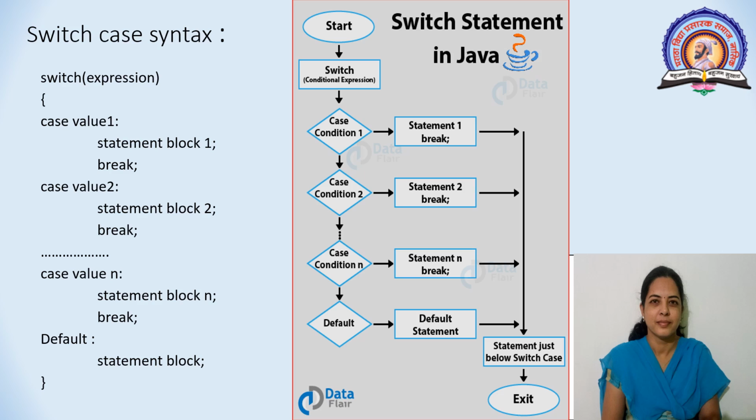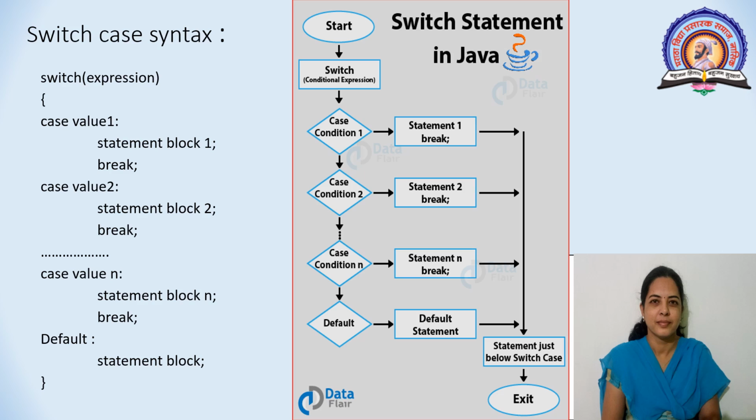Here we can see the flow chart. Here condition expression is written inside the bracket. Case condition 1, if this condition matches, it will execute the first statement. If it doesn't match, it will go to the next case.